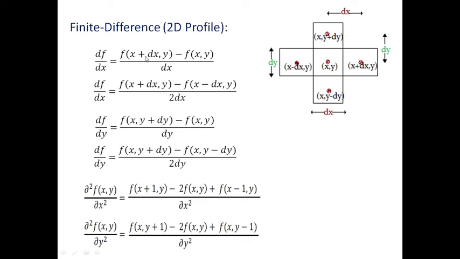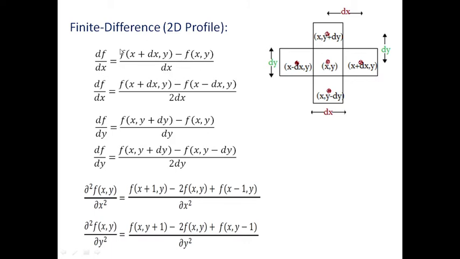It is f of x plus dx comma y minus f of x comma y. I can still write the forward difference in this manner, that is f of x plus dx comma y minus f of x minus dx comma y, with respect to dx, because df by dx is with respect to a single x.